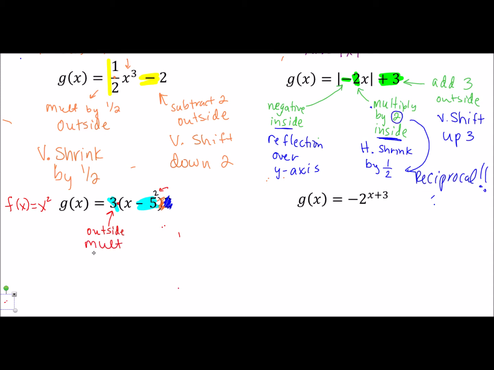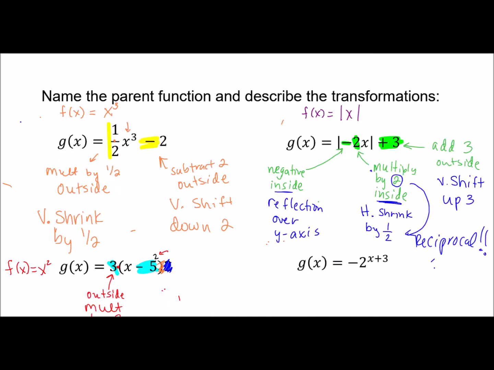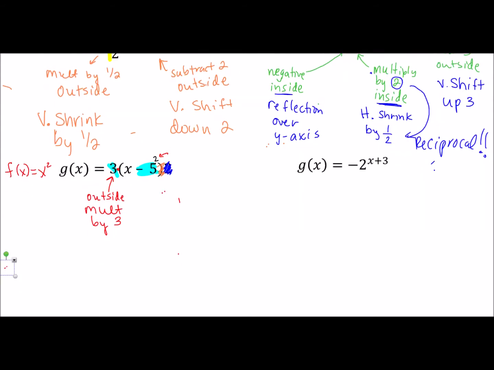Outside, multiplying by 3. Multiplying outside, so I'm doing a vertical stretch or a shrink. Well, it's 3, which is bigger than 1, so it would be a stretch. So this is a vertical stretch by 3.